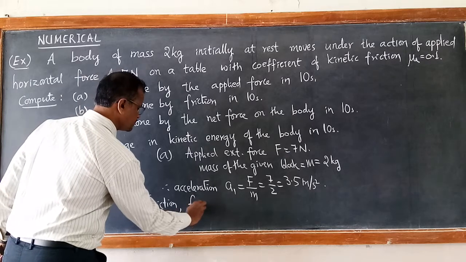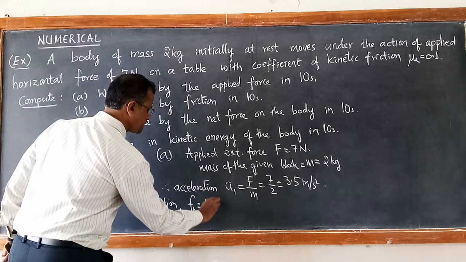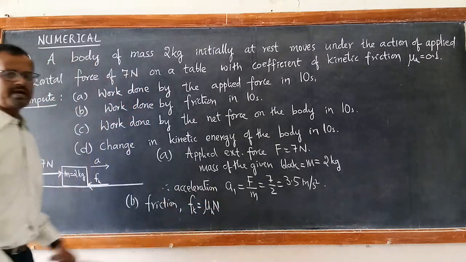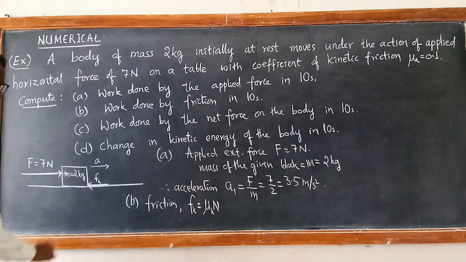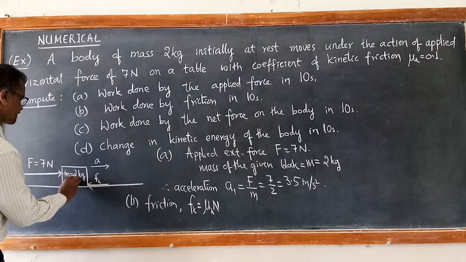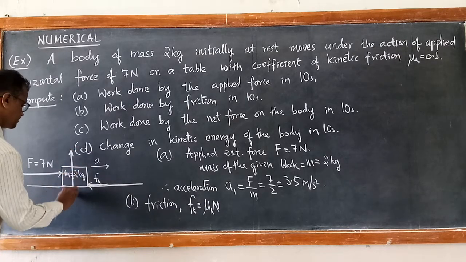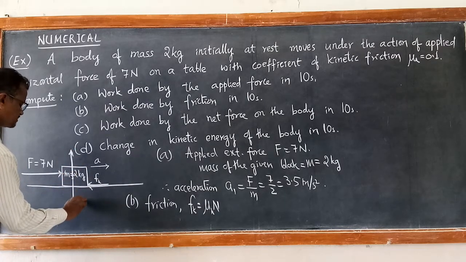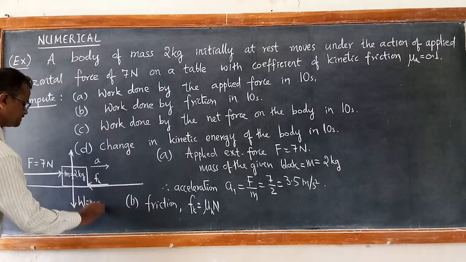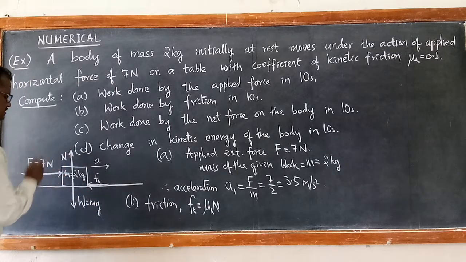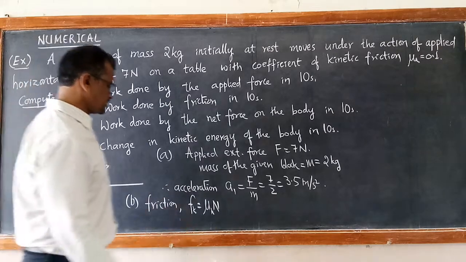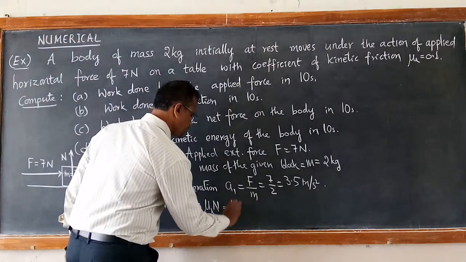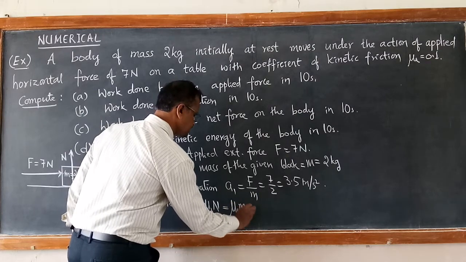By the law of kinetic friction we know that Fk is equal to mu k N, where N is the normal reaction and W is the weight. Weight is equal to mg, and the normal reaction balances the weight. So I can write this as mu k into mg.